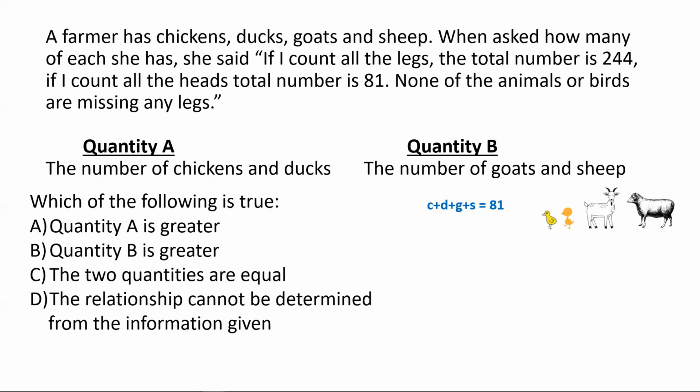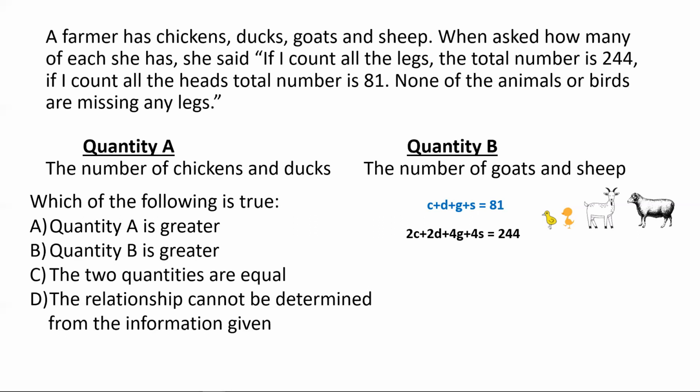If we want to write an expression for the total count of legs, that will be 2 multiplied by C. So 2 legs for each chicken, we have C chickens, so 2C legs, plus 2 multiplied by D, so 2 legs for each duck, and we have a total of D ducks, so it's 2D legs for the ducks.